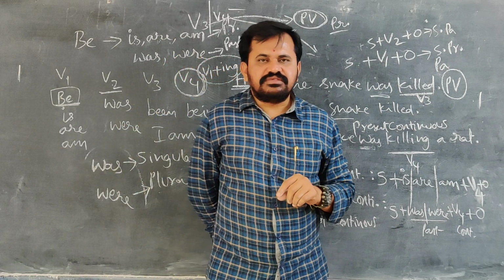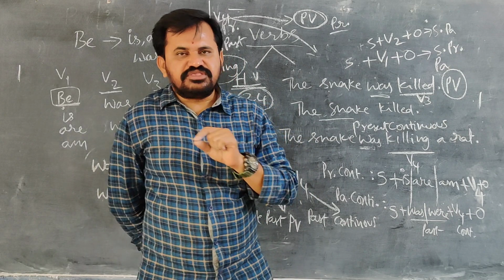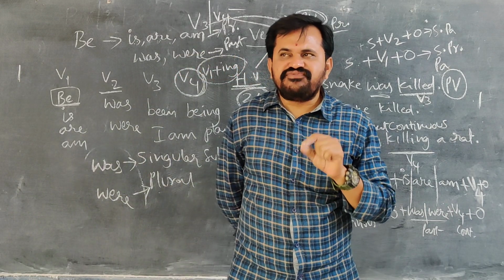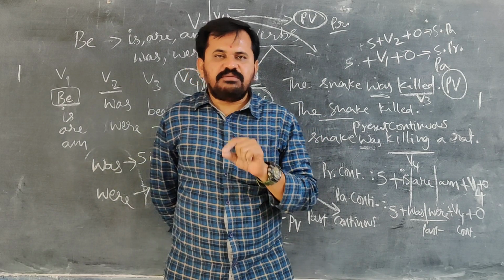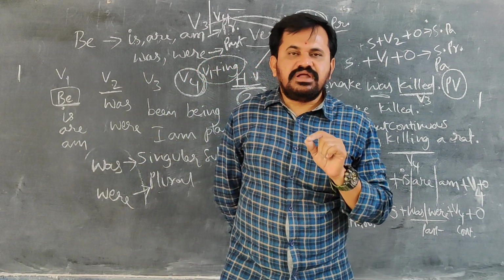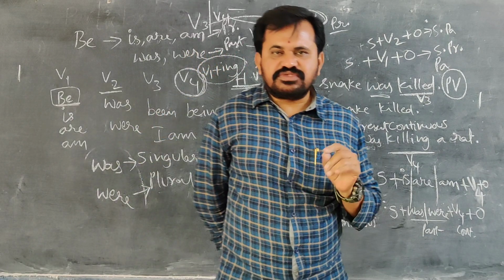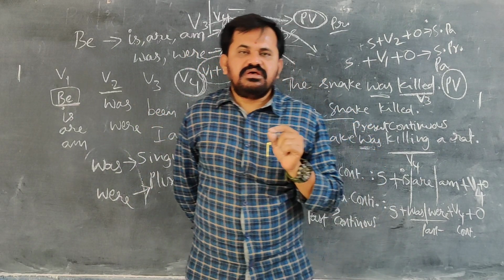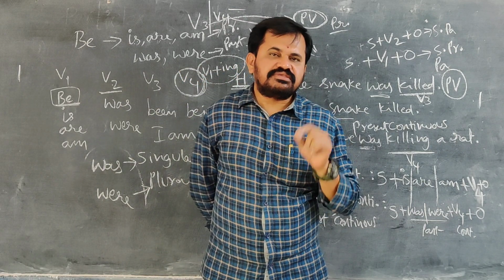Again, present continuous tense. Continuous means V4. In present, the be forms are is, are, am. Is, are, am plus V4 is called present continuous tense. Before it the subject, after it the object. So subject plus is, are, am plus V4 is the present continuous tense structure.